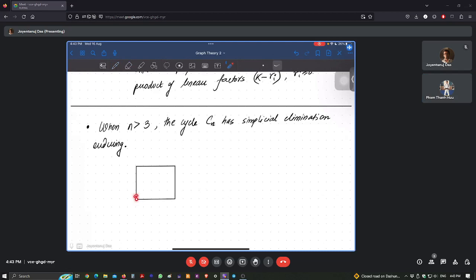Because if I want to choose this one, then these are the neighbors, and this is not a clique, right? I cannot choose any vertex. So that is the idea.